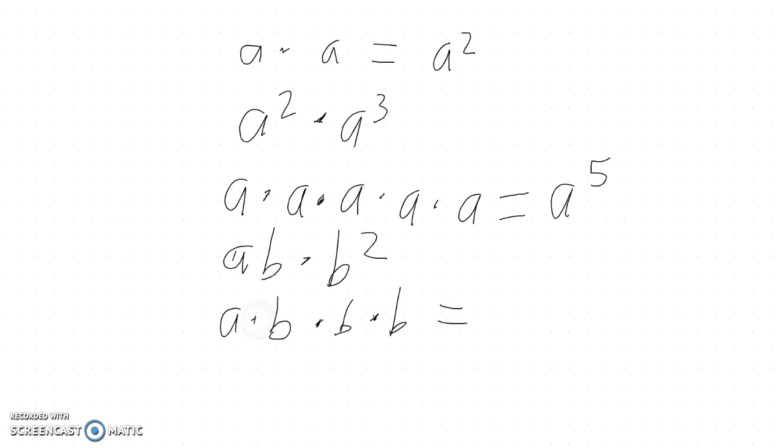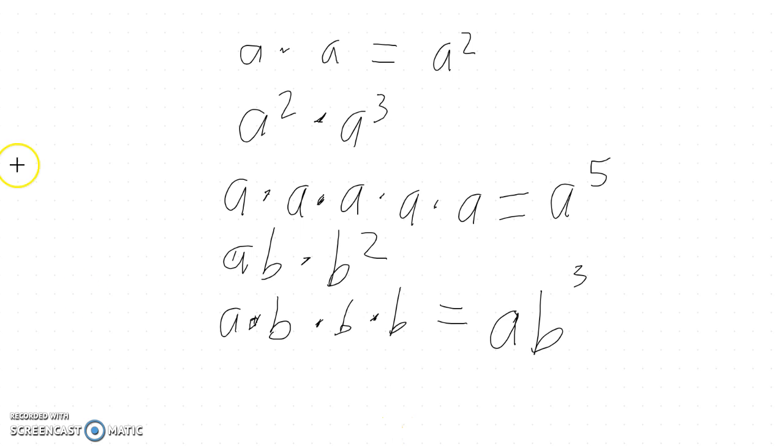It's just A times B times B times B, or just A B to the third. Key thing to notice here though, when I write AB to the third, this 3 only applies to the B. It doesn't apply to the A. AB to the third means just the B is being raised to the third.